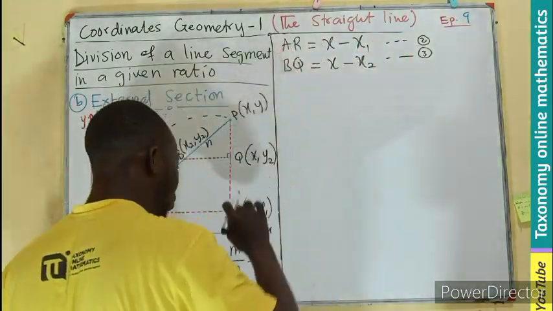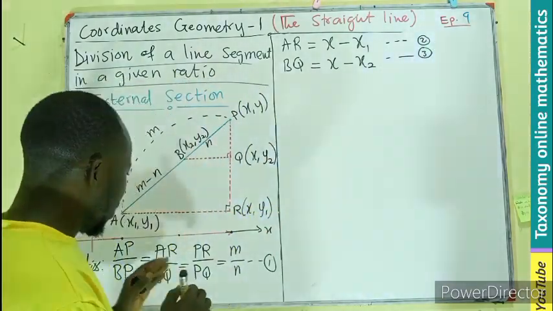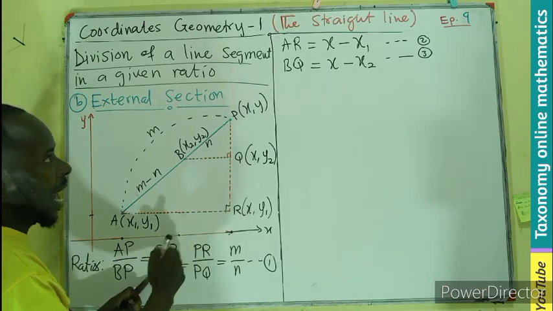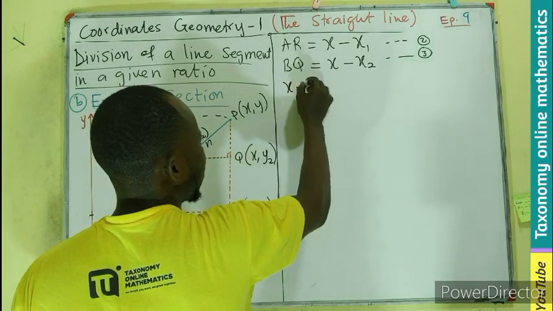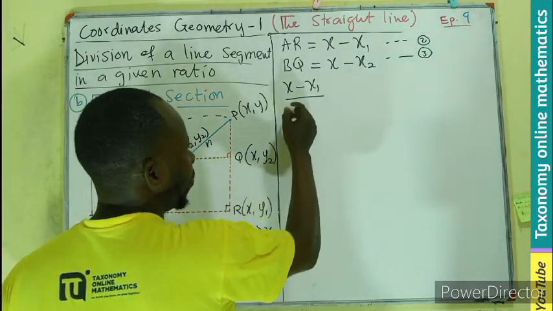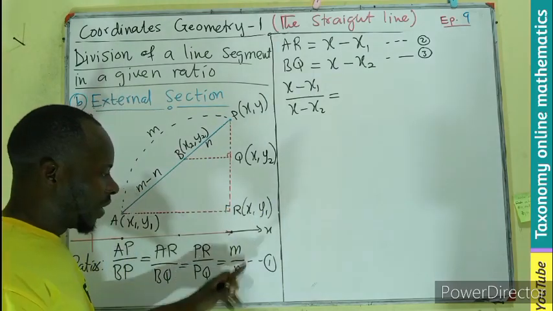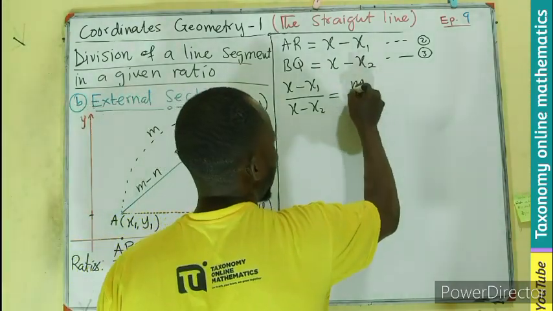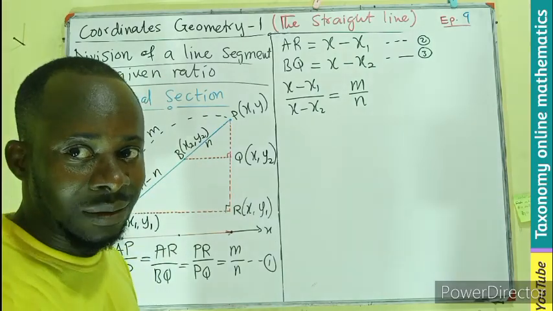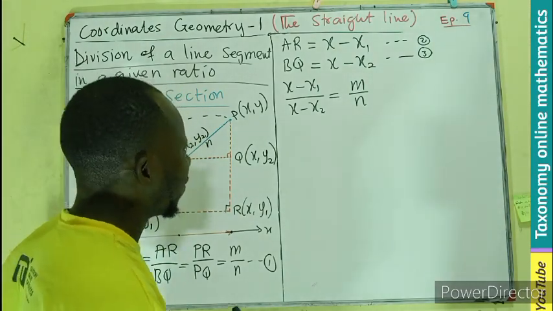So now putting equation 1, 2, and 3 together, picking just this side and this, I'll be having AR to be x minus x1, BQ to be x minus x2. That should be the same as m divided by n. I guess we can do that, right? All right. Let's cross multiply.